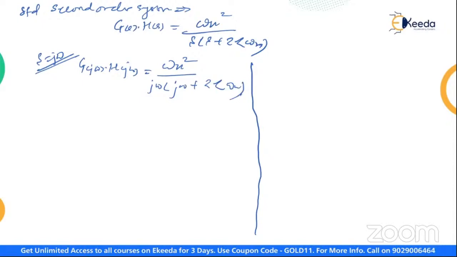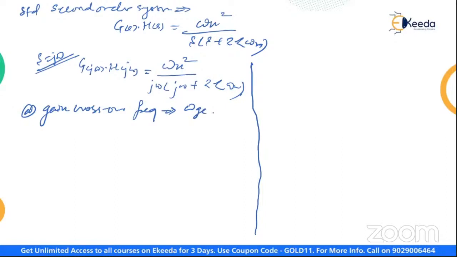Correct or not? Yes. Now, what happens at gain crossover frequency? Gain crossover frequency is also called omega gc.